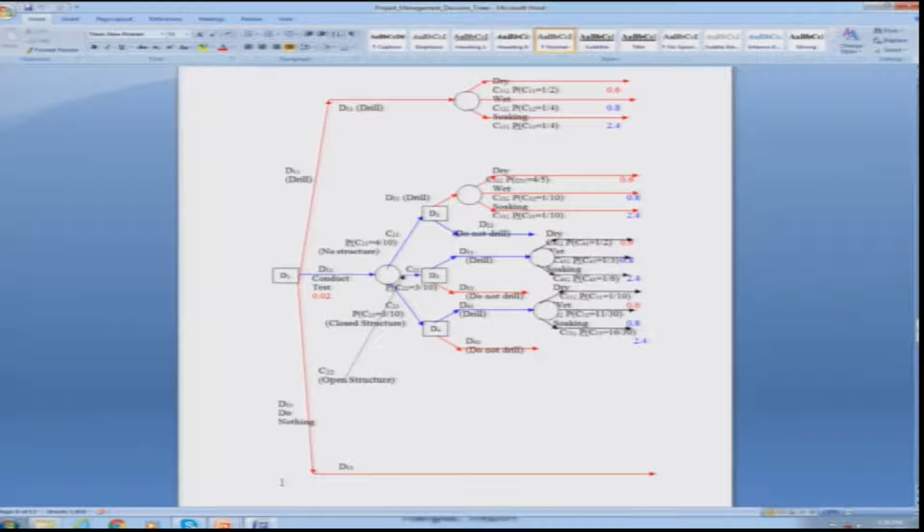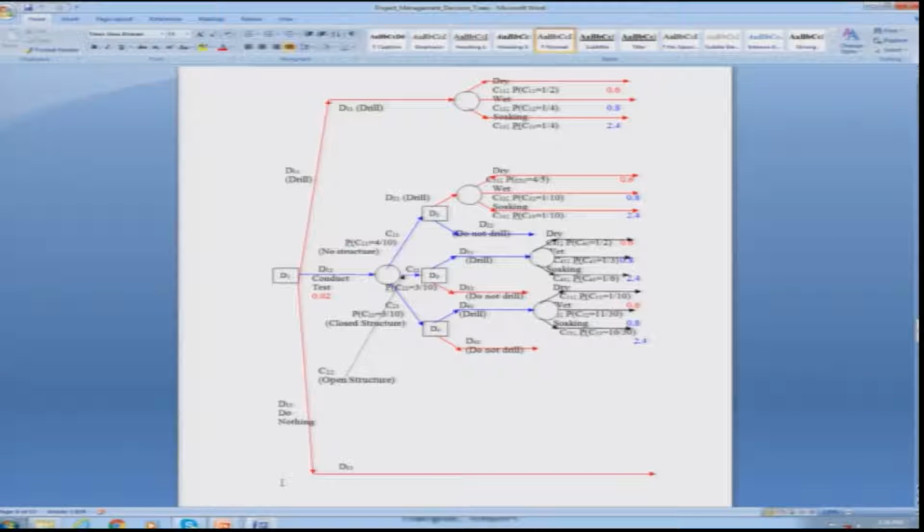If you look at the overall diagram, you definitely have to conduct a test, and depending on the outcome, which is no structure, which is this part, open structure, which is the small horizontal line where I am hovering my pen, and this diagonal arrow going downwards is the closed structure, you then have the overall values as given.